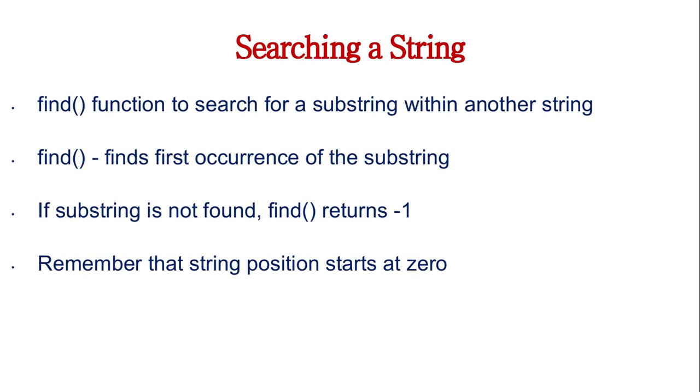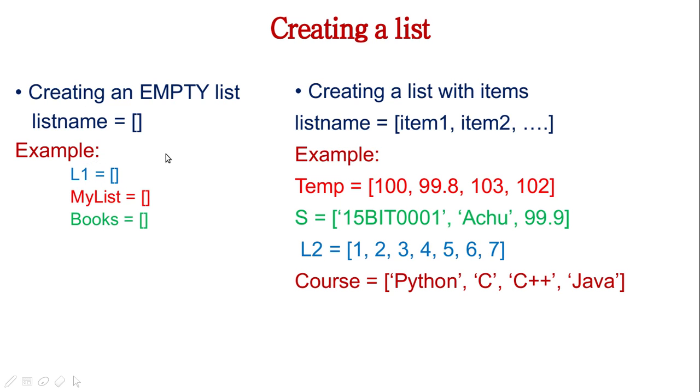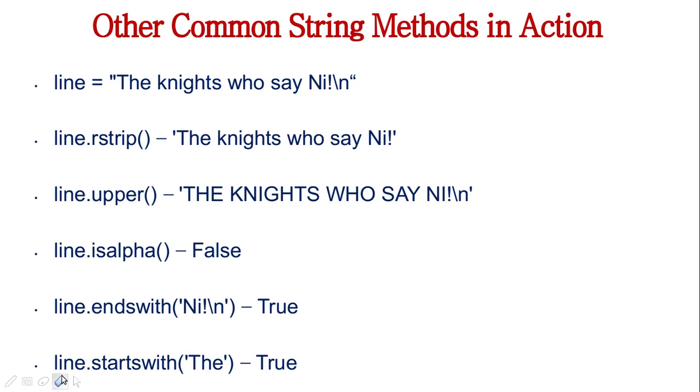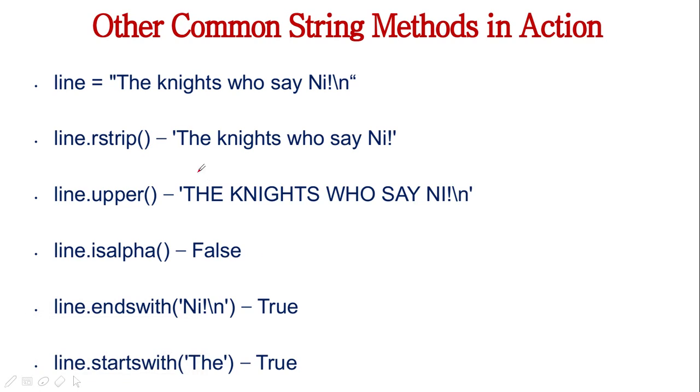And there are also more functions with which you can operate on strings, like rstrip. Rstrip is for stripping at the end, the right end. Generally there is a strip function, which is for stripping at both ends. lstrip strips at the left and rstrip strips at the right.